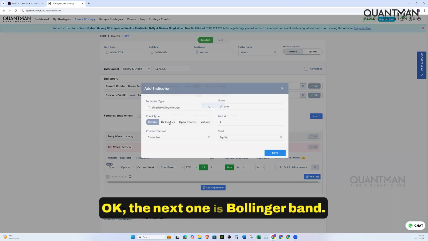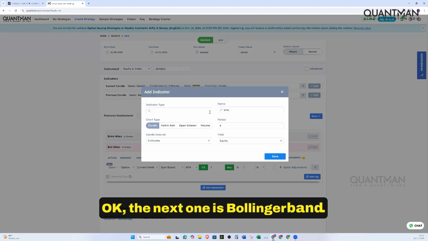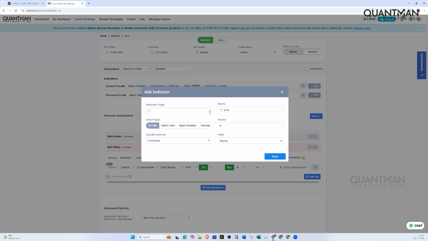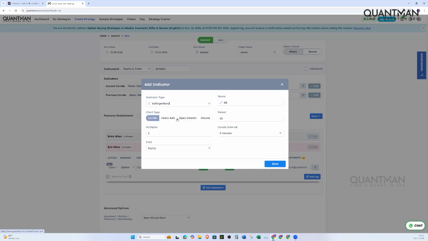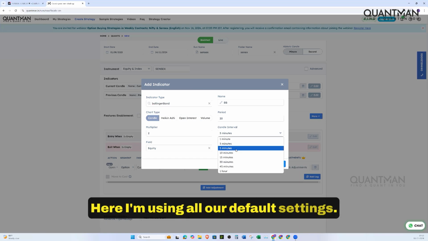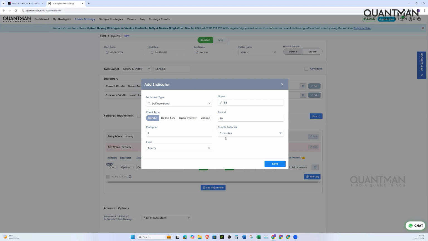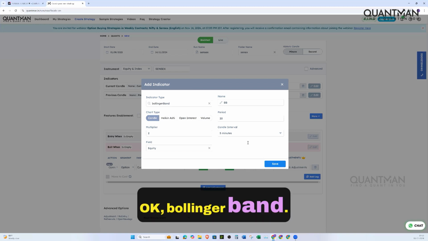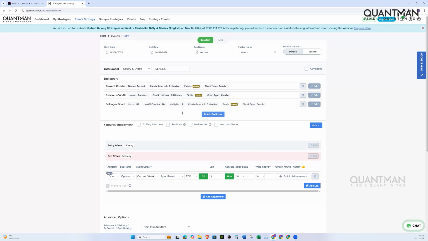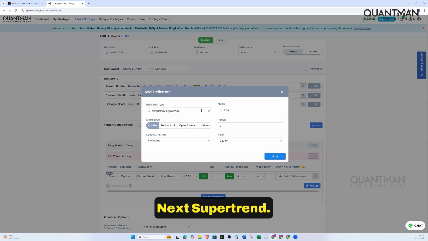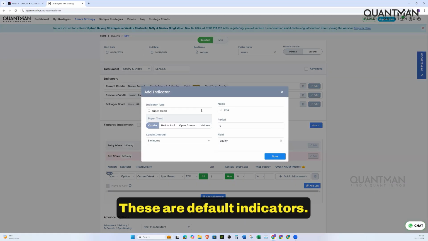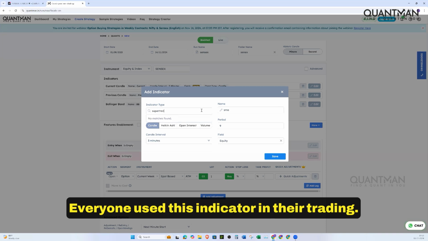The next one is Bollinger Band. Here I am using all the default settings, no modification. Next, super trend. These are default indicators. Everyone uses these indicators in their trading.